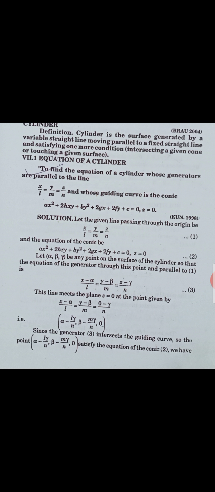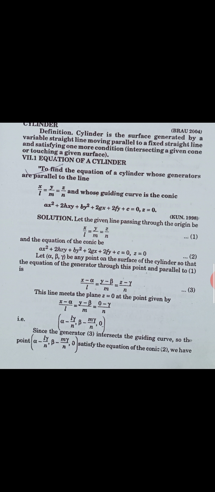Let the given line passing through the origin be x/l = y/m = z/n. This is equation first. And the equation of the conic is ax² + 2hxy + by² + 2gx + 2fy + c = 0, z = 0.